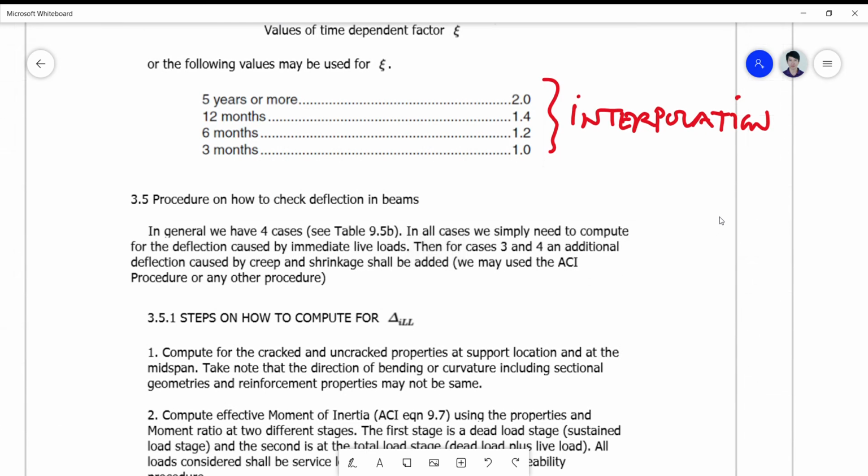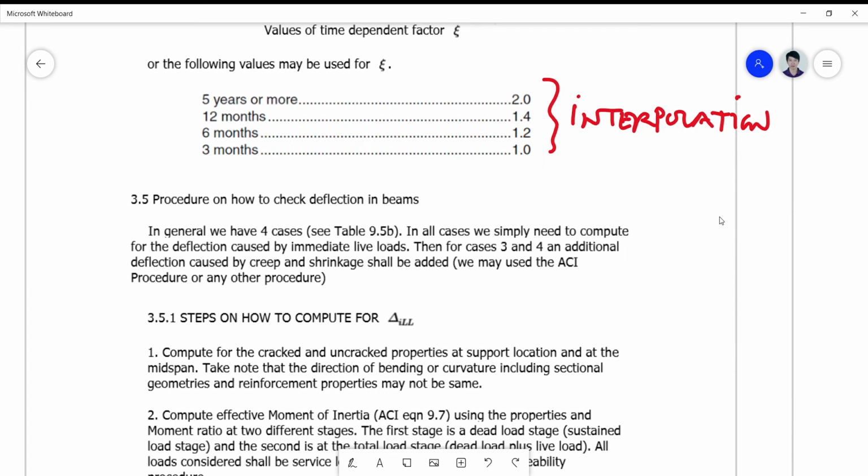Okay, so let's look into the procedure on how to check deflection in beams. In general, we have 4 cases, as I have mentioned a while ago in Table 9.5(b), wherein two conditions are the major consideration.